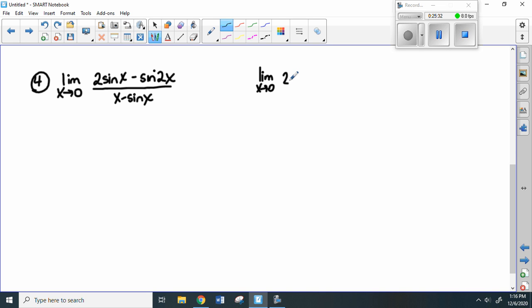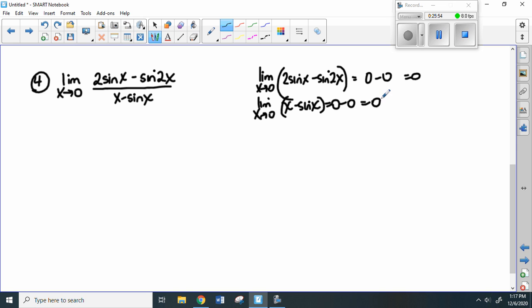The limit of the top: 2 times sine of 0 is 0, minus sine of 0 is 0. And the limit of the bottom is also 0 minus 0. So L'Hopital's rule applies.